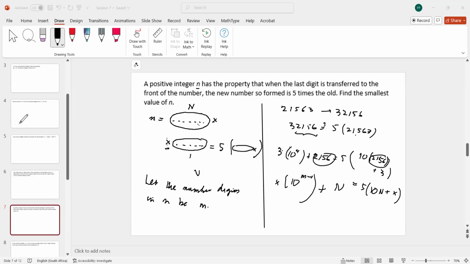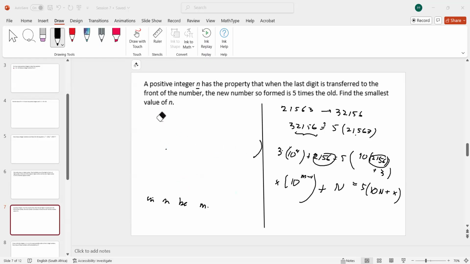Okay, it's rather complicated, but if you think about it a little bit, you'll see that eventually you'll end up with this equation. But remember, this n here is the original number, n with an x at the end. So we need to work out the smallest value of small n.